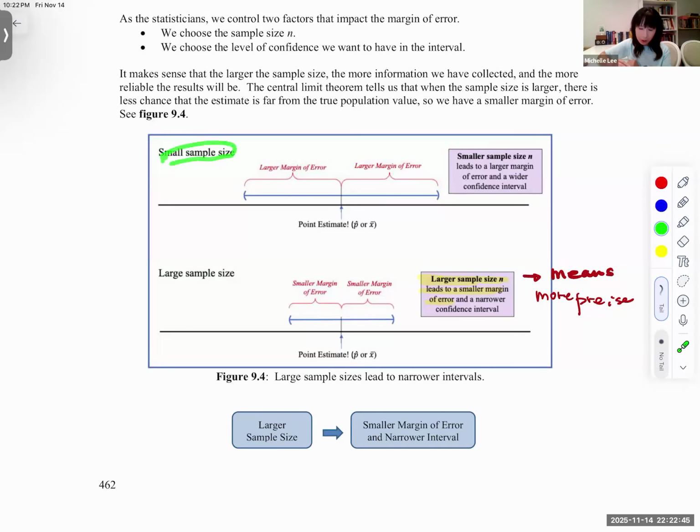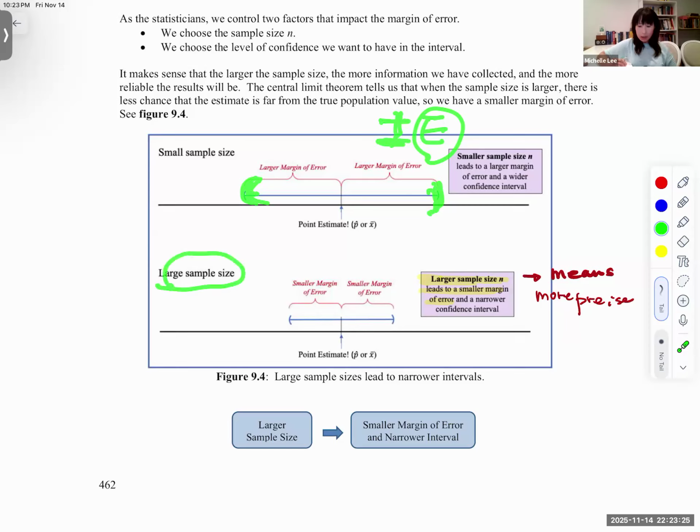If we have a large margin of error, think about that: plus minus margin of error, right? So this margin of error is larger, the confidence interval is wider because the number is getting bigger if we have a plus, and if we have a minus, the number is getting smaller, right? So the confidence interval is larger. Make sense?